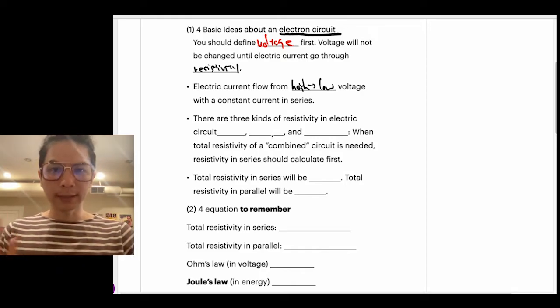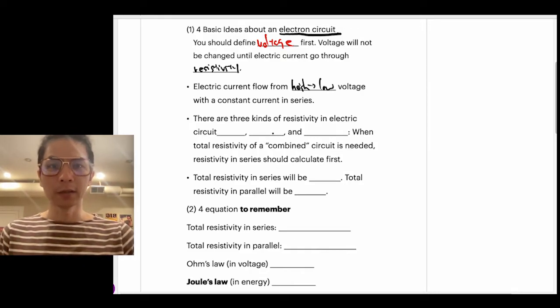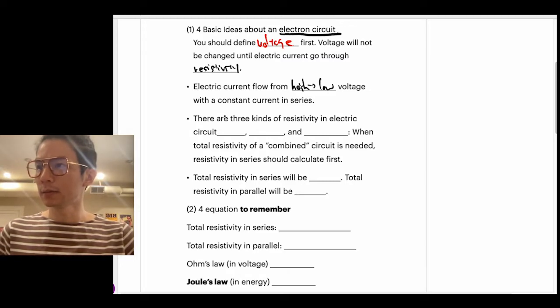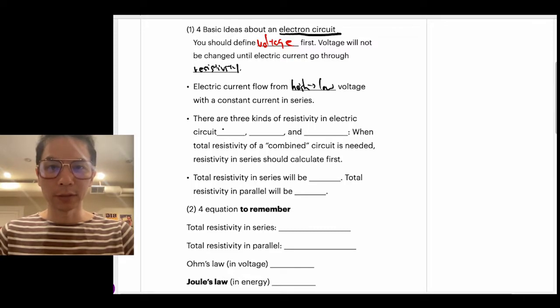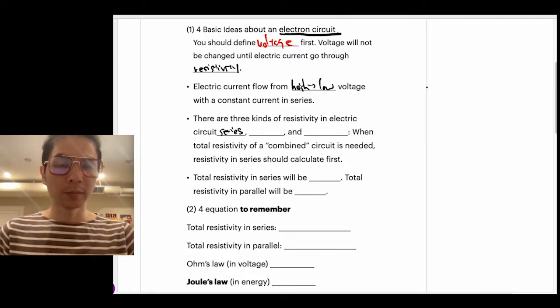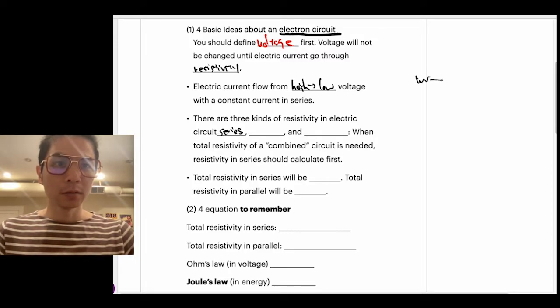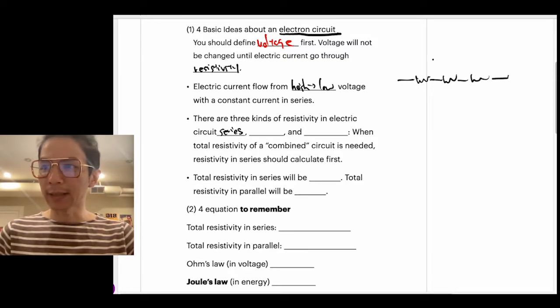If you study electric circuits, there are only three kinds. One is series, another is parallel. Series is a configuration of resistivity where you deal with multiple resistivity, and if you see the resistivity in this type of line, you call it series.